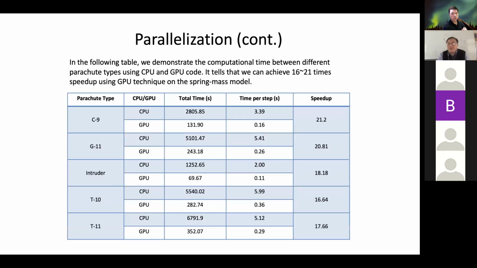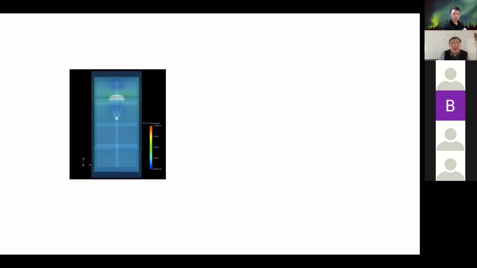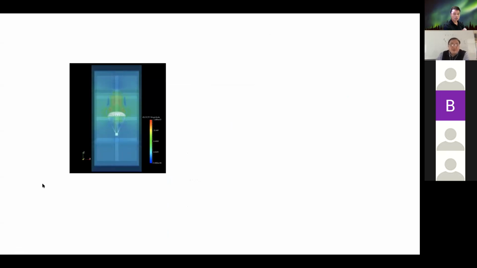And we have some benchmark comparisons, and with the GPU, the time step for the canopy is much more shortened. So this is the result of different parachute models using the GPU. This is the demonstration of 16 processes, 16 subdomains for the fluid, and then the canopy comes to one master processor, using the GPU to solve it.